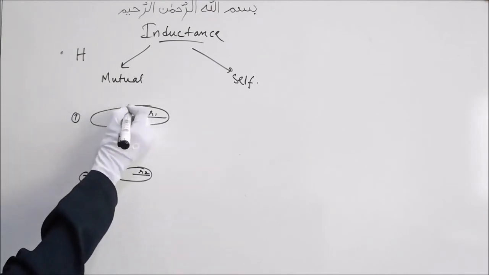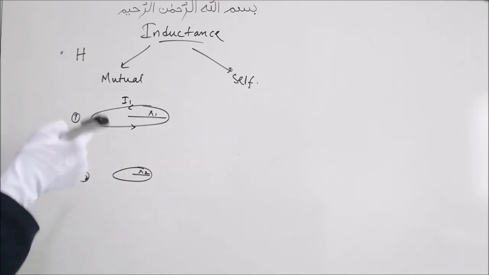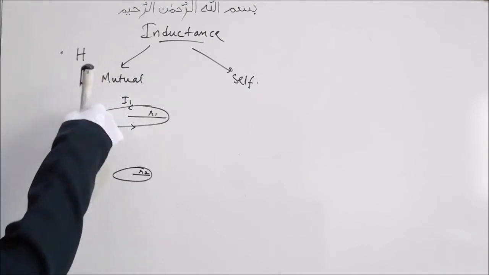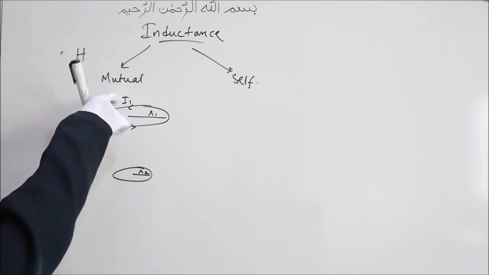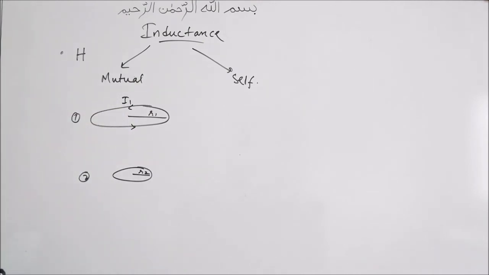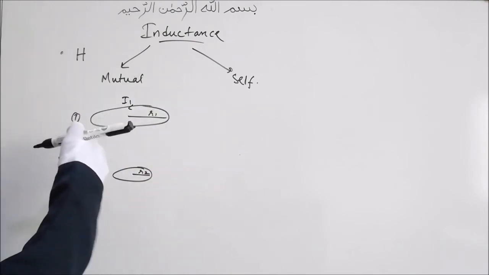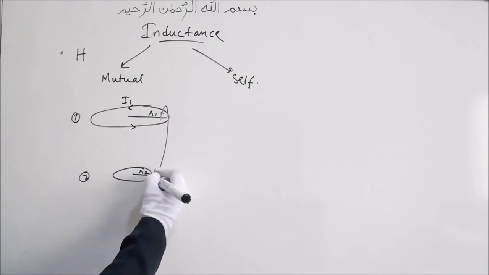Let's say we pass a current I1 in coil 1, which goes in the anticlockwise direction. Because of the current I1, a magnetic field B1 will be produced. Because the current is in this direction, the magnetic field points upwards inside it.